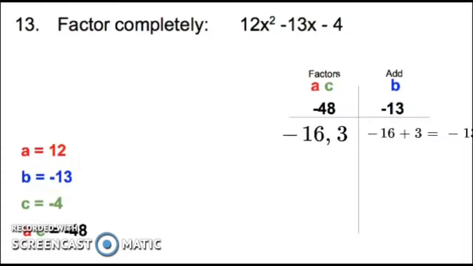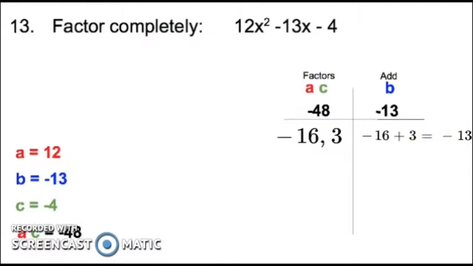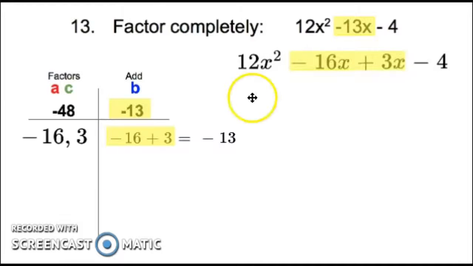The ones that we want are negative 16 and positive 3, which give you negative 13. So now we highlight negative 16 and 3 and negative 13x, because we're going to rewrite the negative 13x with negative 16x plus 3x.